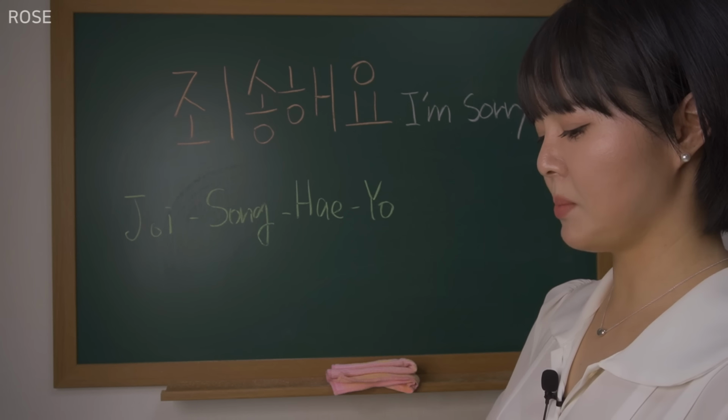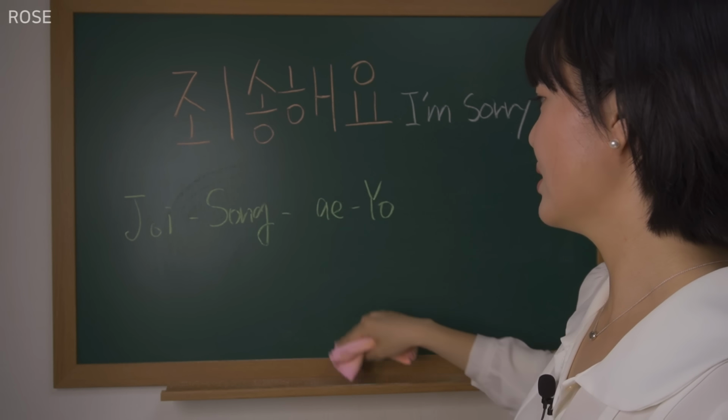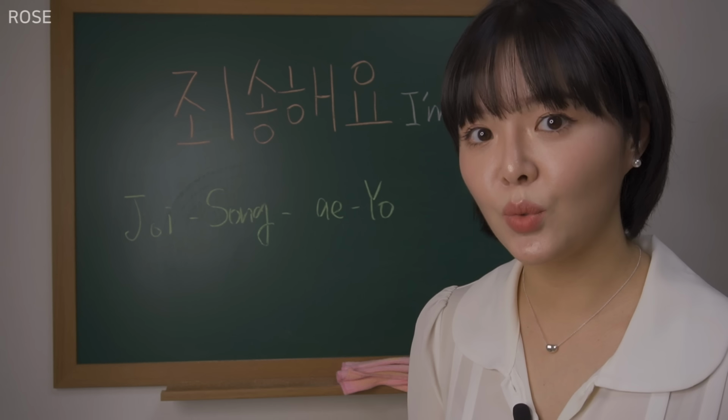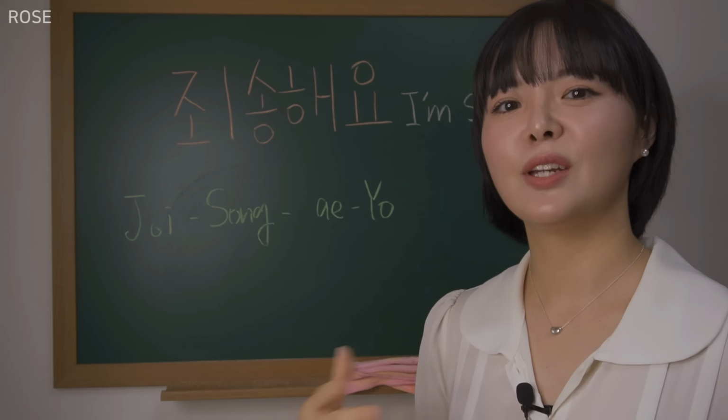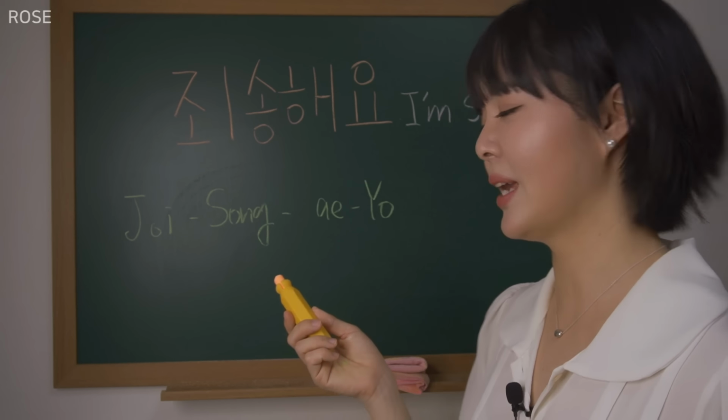But I just want to emphasize that again, we don't say 해, we say 에 to make it smoother. So instead of saying it that way, we say 죄송해요. It's smoother. It sounds a lot more natural, okay?